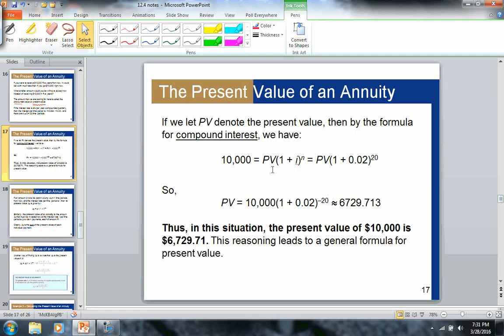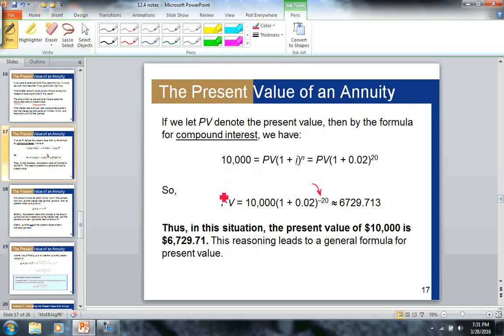But if we actually take this equation then, this 10,000 equals, and then this simplified step here on the right, if we actually solve it for PV, we end up getting a negative exponent. Okay, so if we actually resolve the equation, we would have to divide, and we would have this term in the denominator.